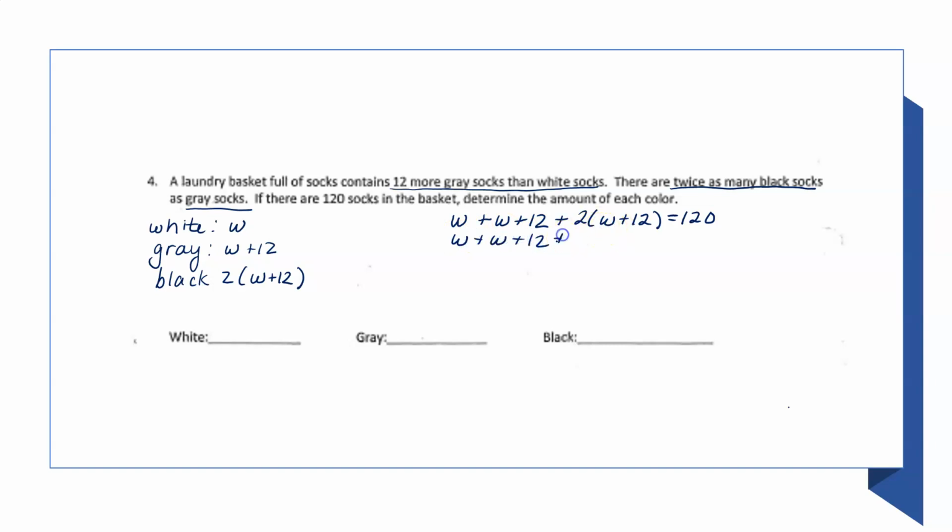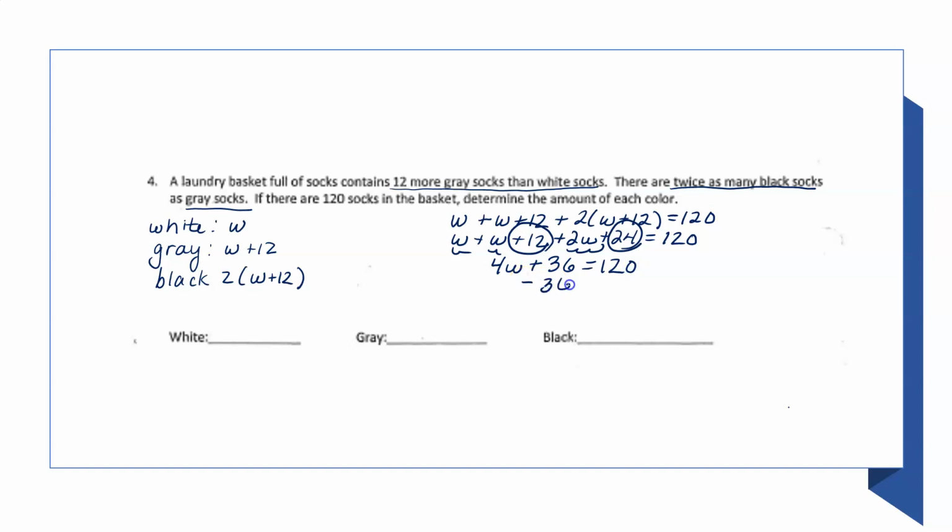So 2 times W is 2W, 2 times 12 is 24. Okay, so now let's combine all the W's. So we have 4W, combine all the constants, so we have 36. That equals 120.